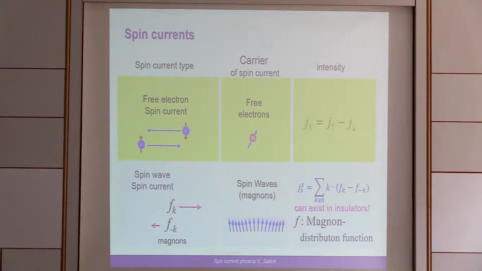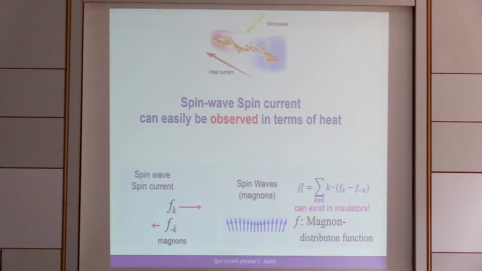In fact, spin wave spin current can be seen in terms of heat. First, I'd like to show it to get familiar with the idea of spin wave spin current in condensed matter. The idea is very simple. When a spin wave spin current is created in condensed matter, it should carry heat. So local heating can be achieved, which can be observed. This is a very simple idea.